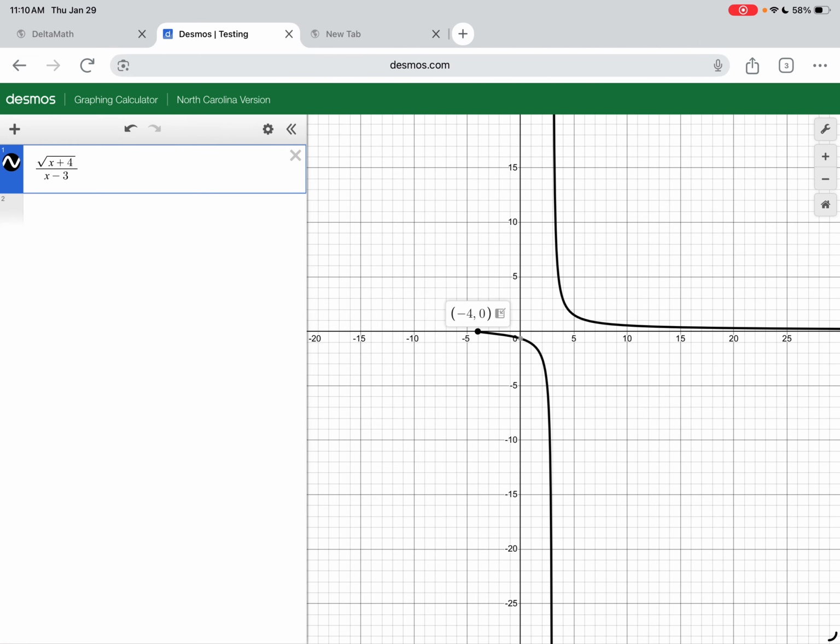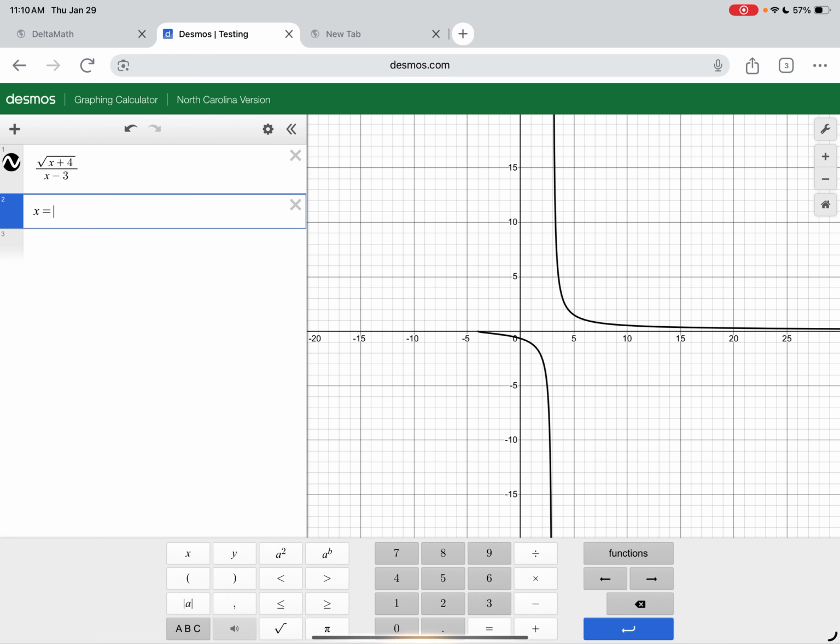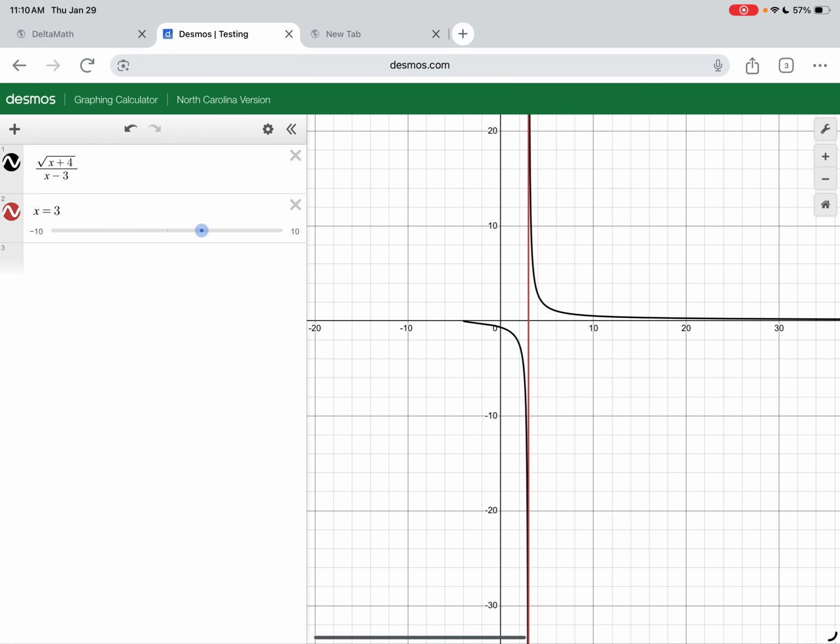All right, so I can clearly see that my graph goes no further than -4, and it is included because I'm able to click it. Now, what happens is I go through here and I see that I'm starting to level out and got this vertical line going down, going down. This is also disconnected, and I have another vertical line that's leveling out. So if you remember, we said that x could not equal 3. There is an invisible asymptote at 3.